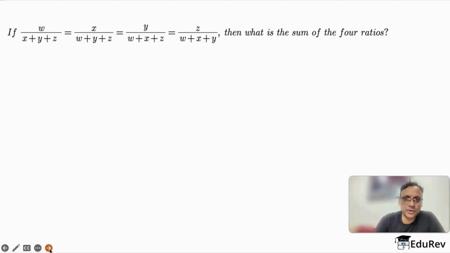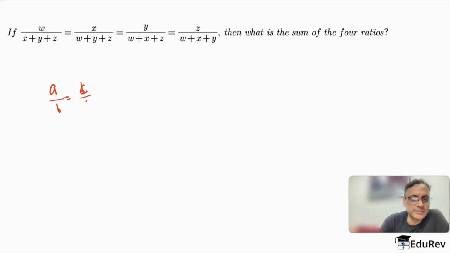Just to jog your memory once again, what we had discussed was, if you have a by b is equal to c by d, not a continued proportion but a regular proportion, is equal to e by f, then this is equal to a plus c plus e upon b plus d plus f. That is sum of all the numerators and sum of all the denominators.